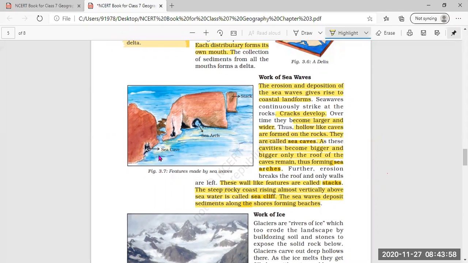You can see in the picture given at the side that when the sea waves are continuously striking the rocks formed in the sea, cracks develop in the rock over time, and after a few years these cracks become larger and wider, and thus hollow-like caves are formed on the rocks.